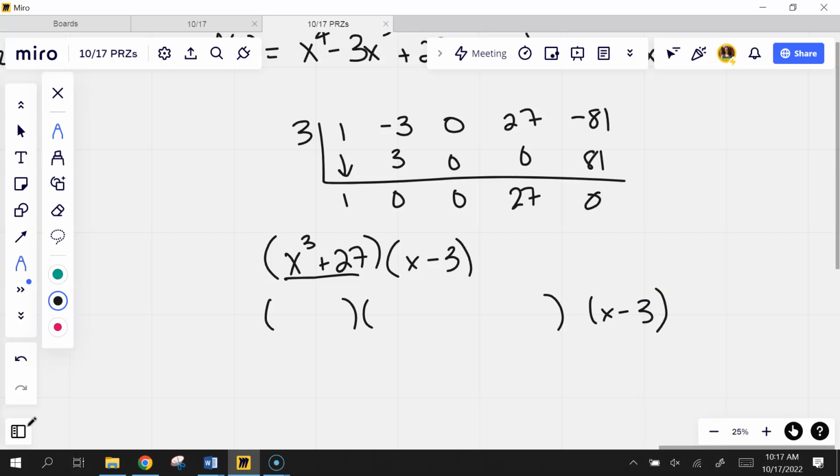Same change plus. I'm going to fill in my signs first. Same change plus. What times itself 3 times gives you x cubed? What times itself 3 times gives you 27? 3. And those are what I'm going to use to fill in my next set of parentheses here. Do y'all remember this? Y'all are doing the squint at the board right now.